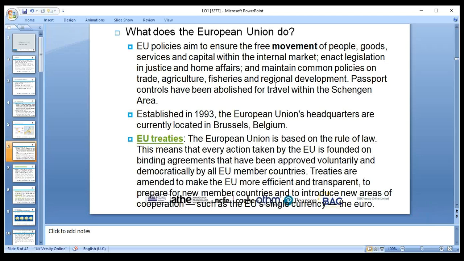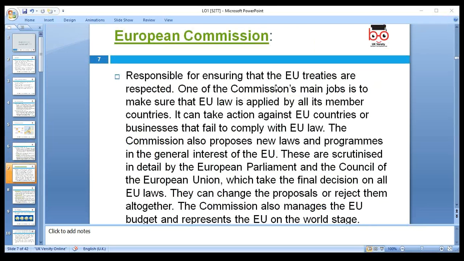Making the EU more efficient, with a single currency. Let's have a discussion about the European Commission.